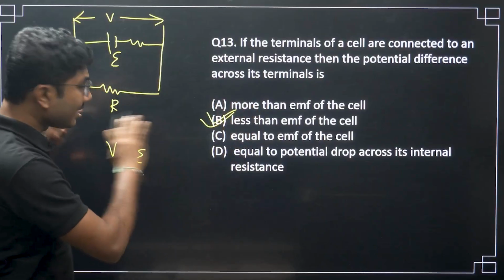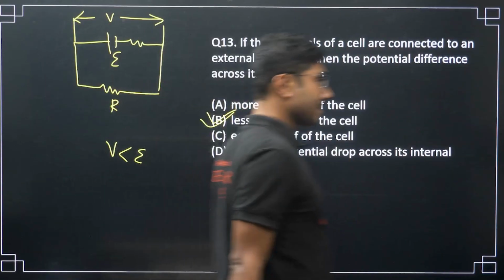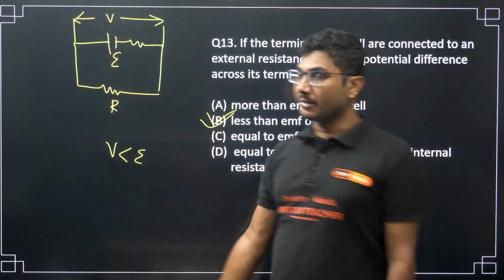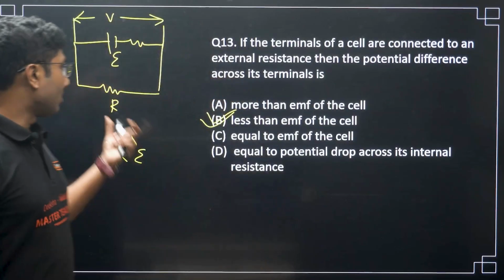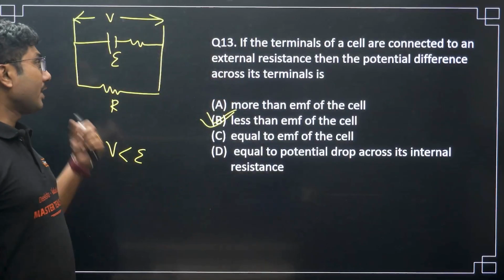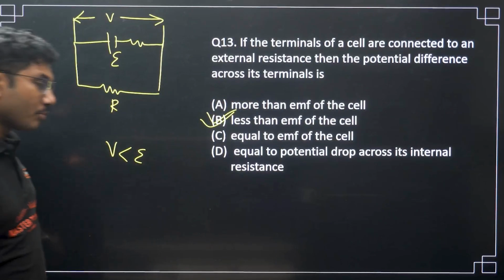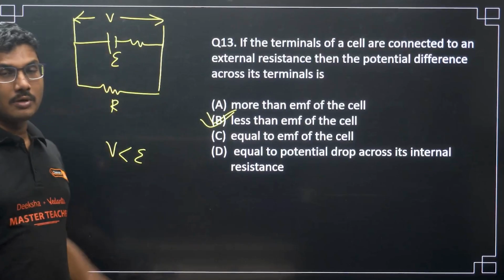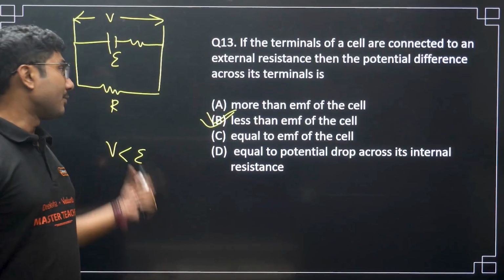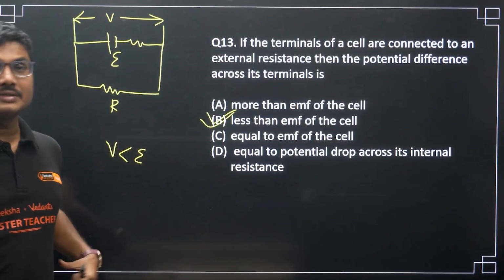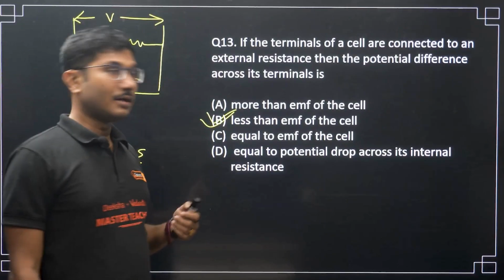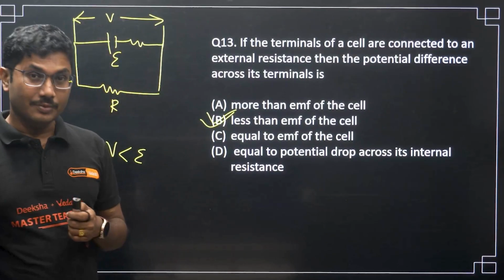If no external resistance is connected, then it will be equal to the EMF. If you are measuring using a special device called a potentiometer, then you will get the exact EMF. But if you are measuring with an external resistance, then it will be less than that of the cell.